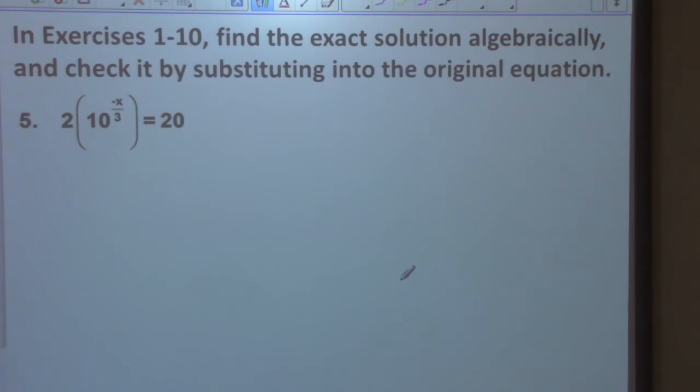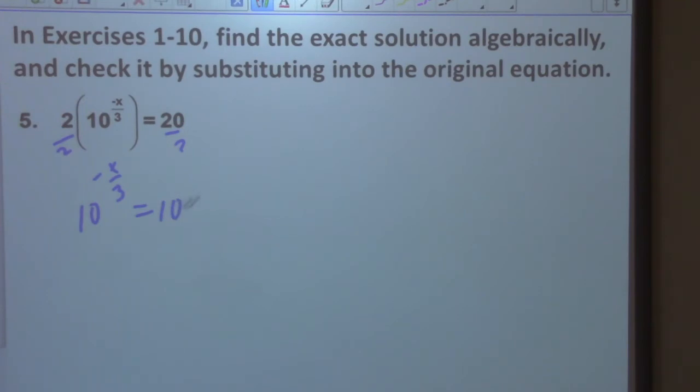I got to 10 to the power of negative x over 3 equals 10. Okay, good. So you divide it by 2, right? So you got 10 to the power of negative x over 3 equals 10.